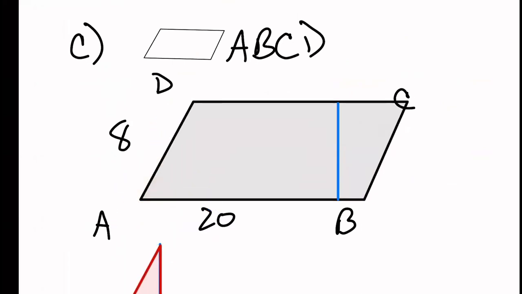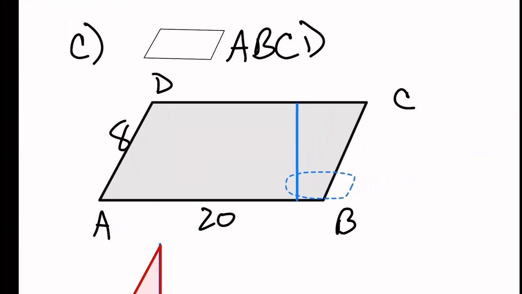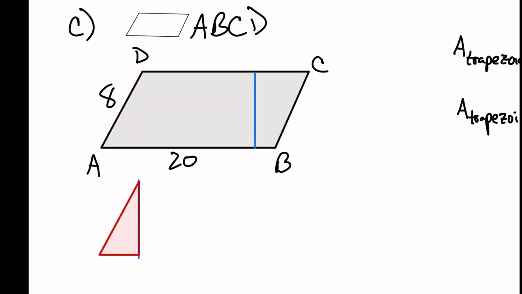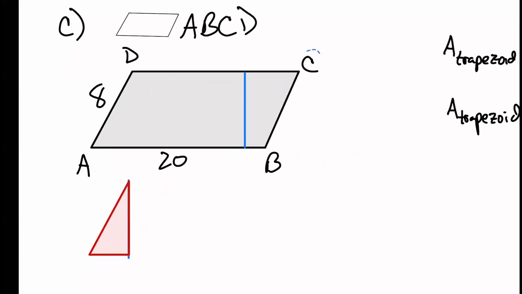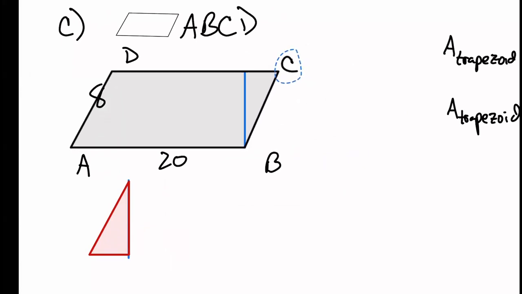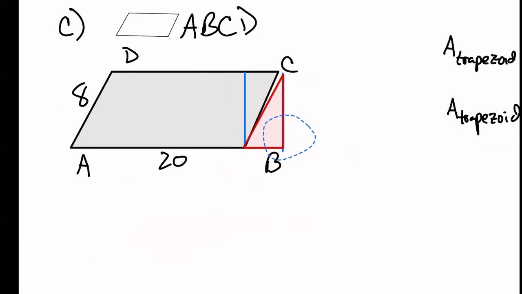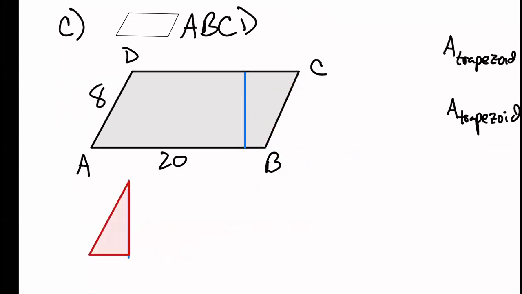Let me just grab this back. Take this piece and just bring it on over here. Not quite. Yeah, I wish. Well, one day I'll learn how to draw, but you get the idea.